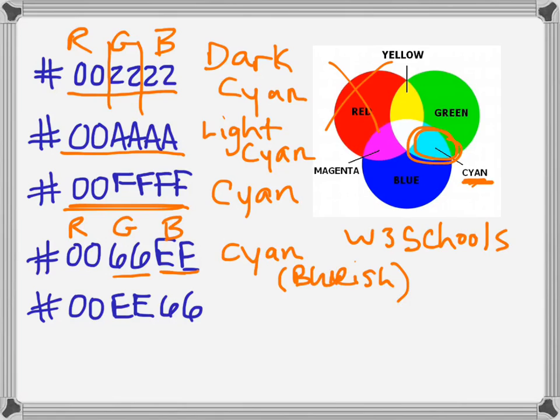And vice versa, if we had no red, quite a bit of green, and then not quite as much blue, we could still say that this is a cyan color. That would be okay for your test, but you might also notice that this is a little more on the green side because we have more of the green.